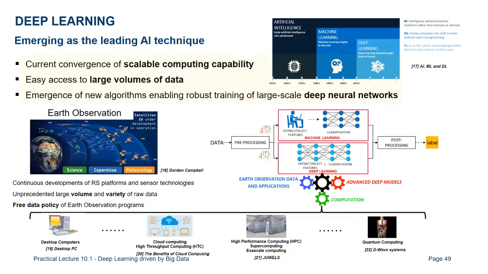And then, of course, you have the emergence of new algorithms that enable robust training of large-scale deep neural networks. This is also very important, because at the end, you can have a very deep neural network and a cluster with GPUs, but you still need to understand how to exploit and use the cluster with many GPUs efficiently in order to train a deep neural network.